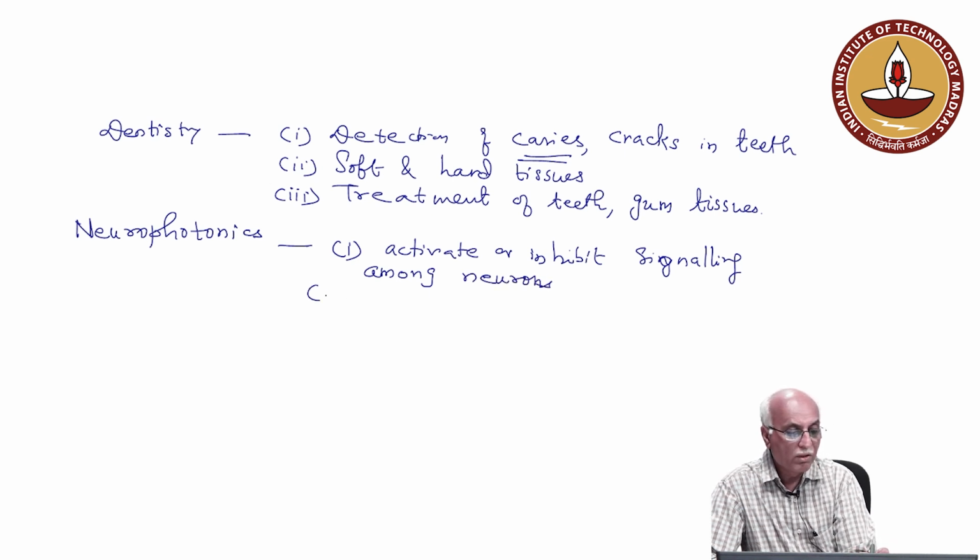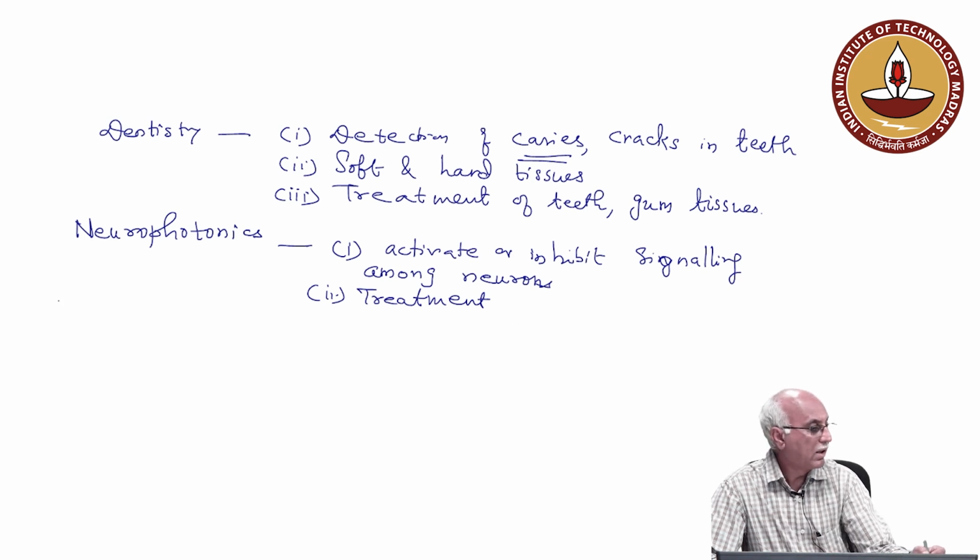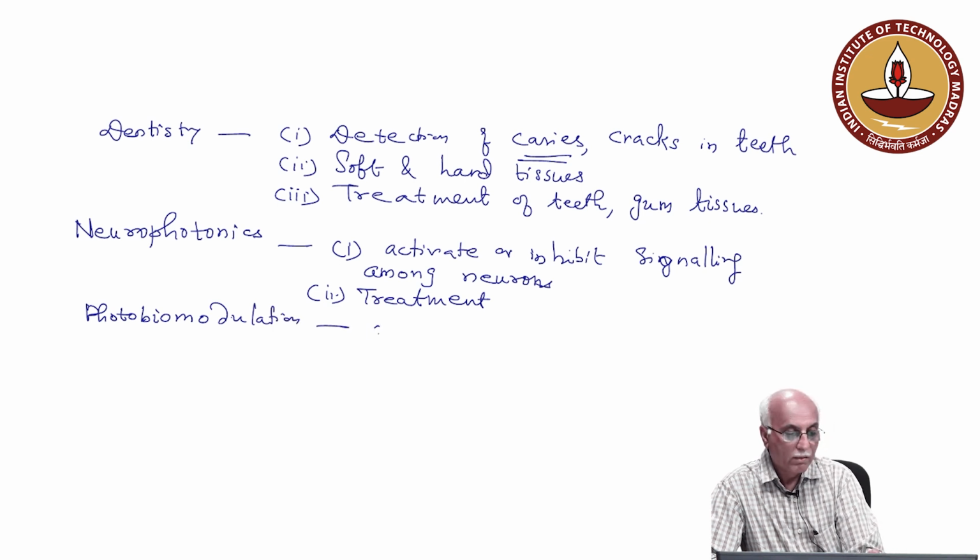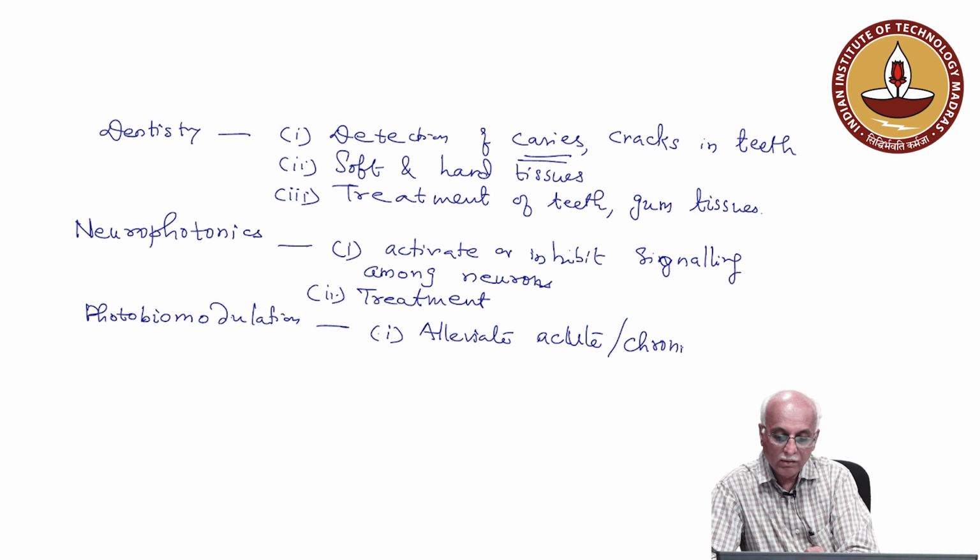We can also use it for treatment of neurons, or neuropsychiatric disease, etc. And photobiomodulation is towards alleviating acute and chronic pain, etc., and wound healing.